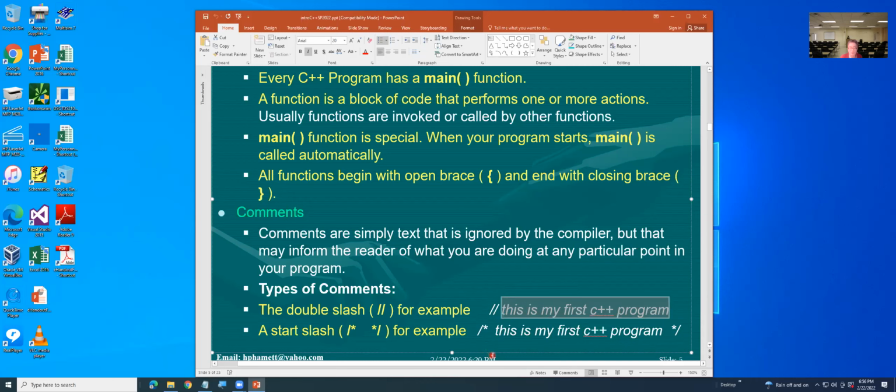Only single line. However, in the second one, you can type in many lines between the start slash and the end of that line. Okay, so that is a big difference.